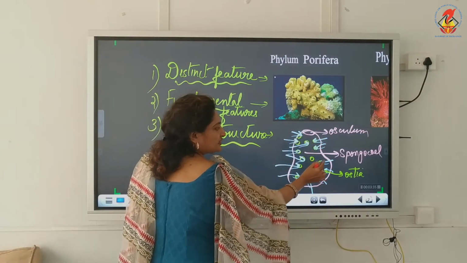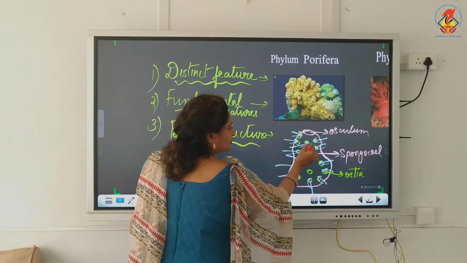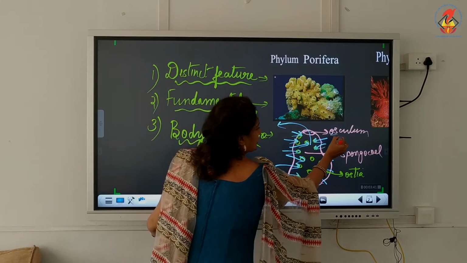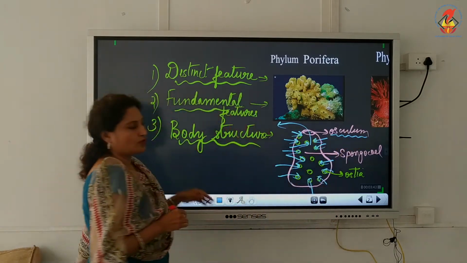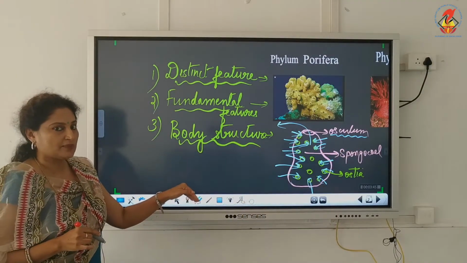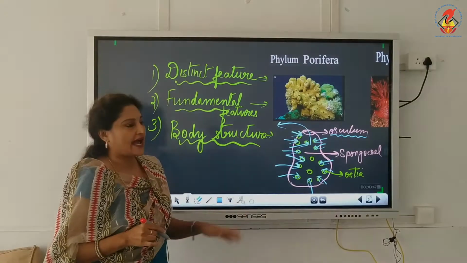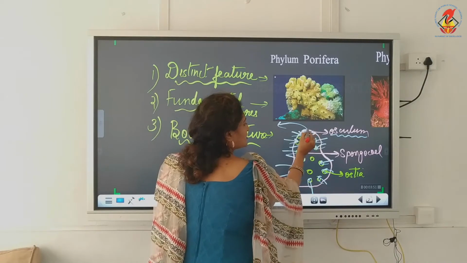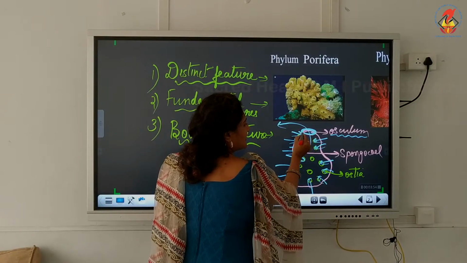What's the body cavity here? Spongocoel. And from the spongocoel it exits out through the osculum. So water enters through the ostia, circulates through the spongocoel, and exits through the osculum. Osculum, you can see one large pore, usually at the apex.